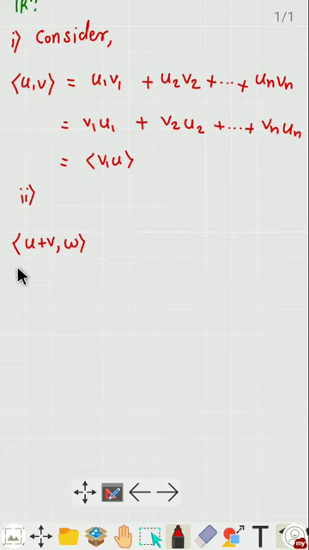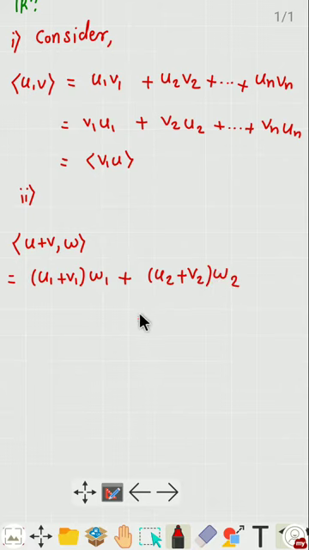It is equal to, we know that u plus v is u1 plus v1, into w1, plus u2 plus v2 into w2, plus dot dot, plus un plus vn into wn.